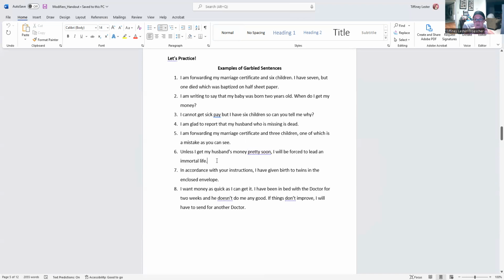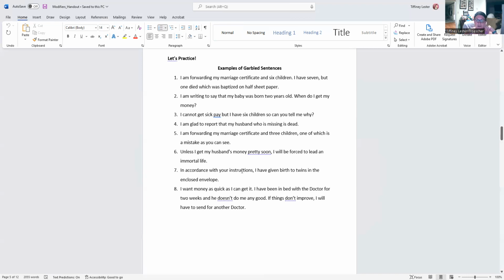And I don't think that's what they mean by, unless I get my husband's money pretty soon, I will be forced to lead an immortal life. They probably mean an immoral life. Immoral, meaning they're going to have to resort to crime of some sort to make money, right?